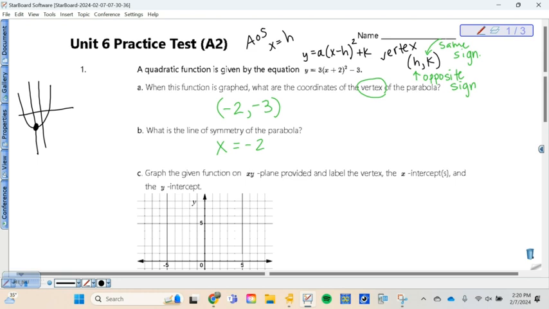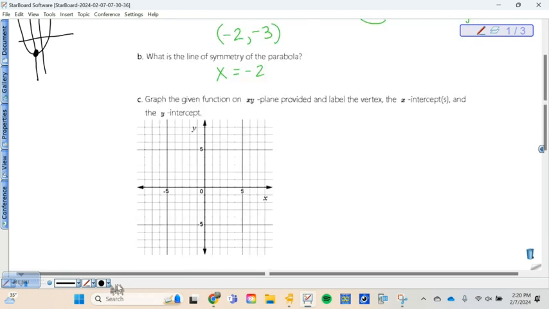Now we need to graph this. So I know my vertex is at -2, -3. So that's where I can start. But what do I do from here? How can I figure out the rest?